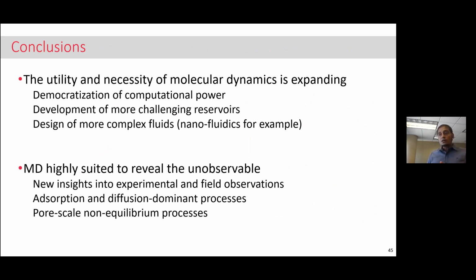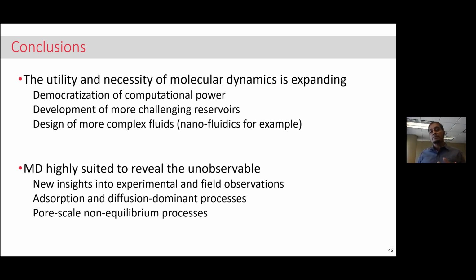it was a long talk, but I hope that there are a few takeaways from this presentation. One is that if you're going to be talking about really, really small things, there's no other way to understand these processes.